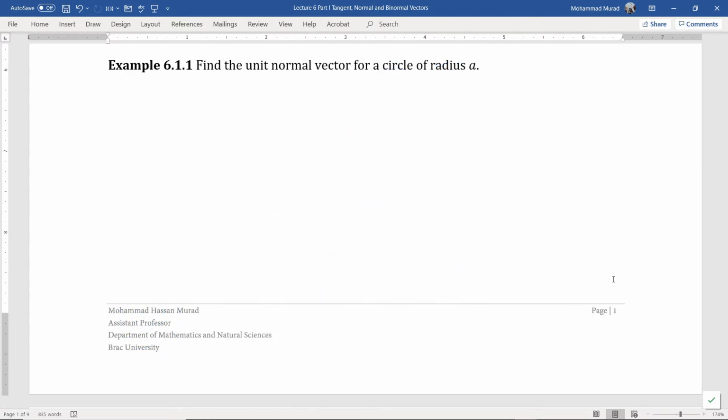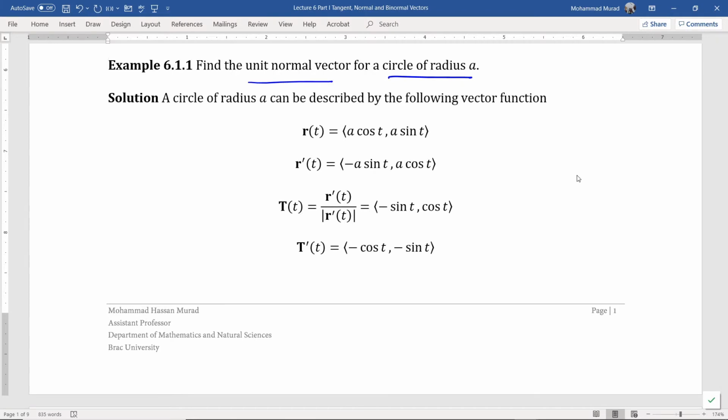Let's see an example. Find the unit normal vector for a circle of radius a. Let's have a look at the solution. A circle of radius a can be described by the following vector function.